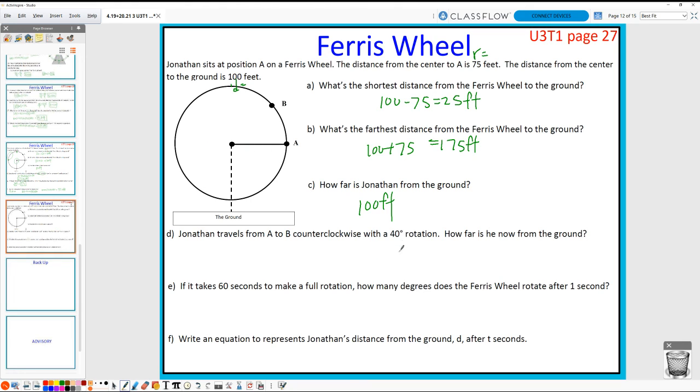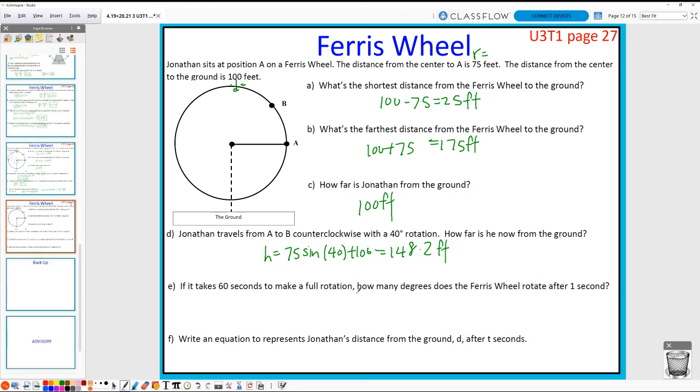Okay, counterclockwise rotation 40 degrees. Again, all I need to do is to use r, 75, sine theta, which they give me as 40 degrees, plus 100. Which is 148.2 feet. Again, less than 175, more than 100. Looks good.